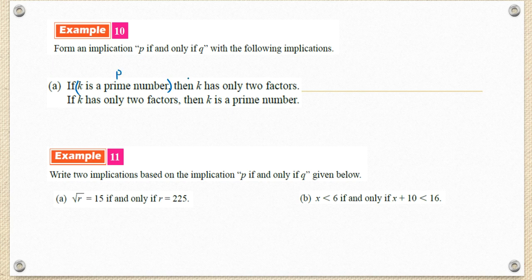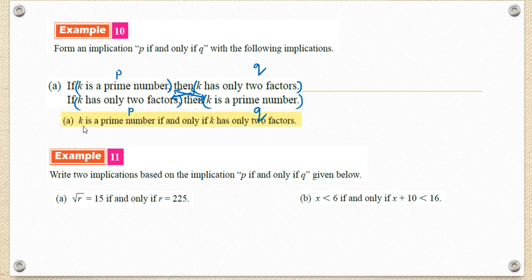This is your P, this is your Q, and this is your P, this is your Q. These two are the same statements, meaning you can form an implication here. Combine these two, it will become: K is a prime number if and only if K has only two factors.